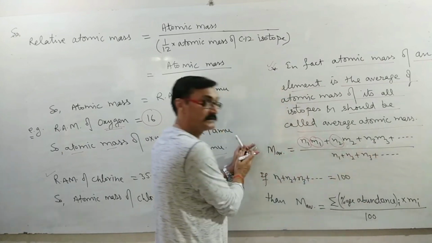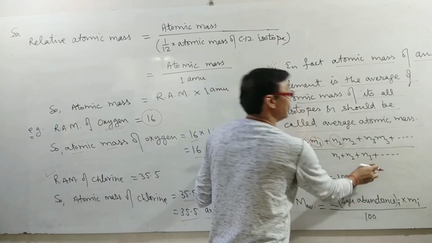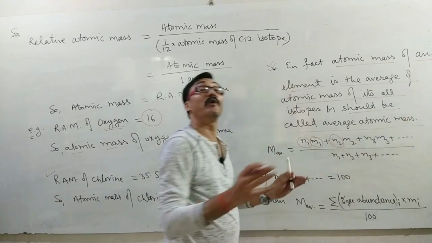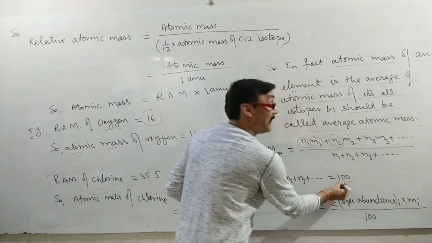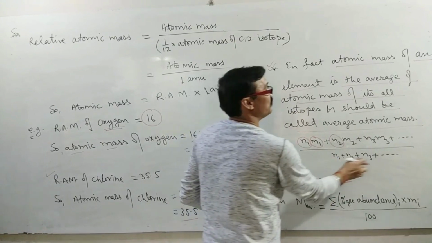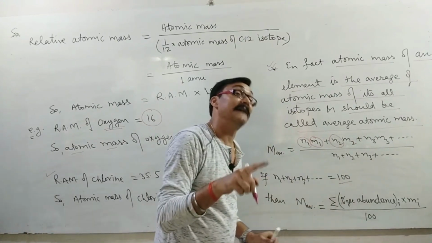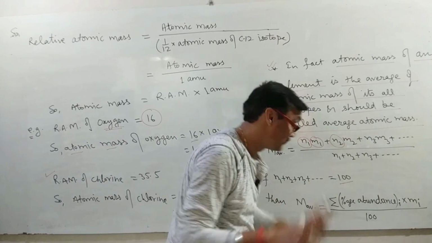It is called average. If N1, N2, N3 and so on, that is the sum of all the atoms of all the isotopes, is 100, then N1 upon N1 plus N2 plus N3 can be called percentage abundance.